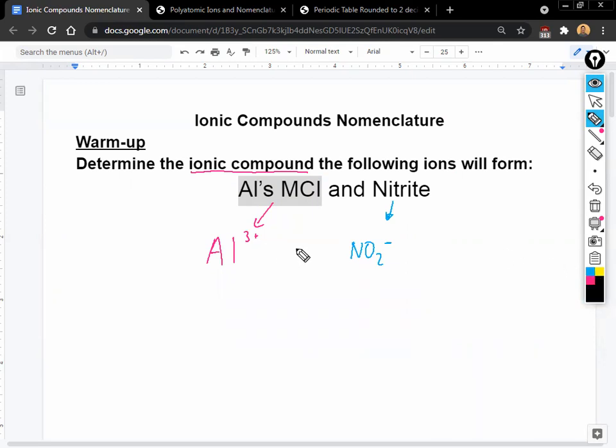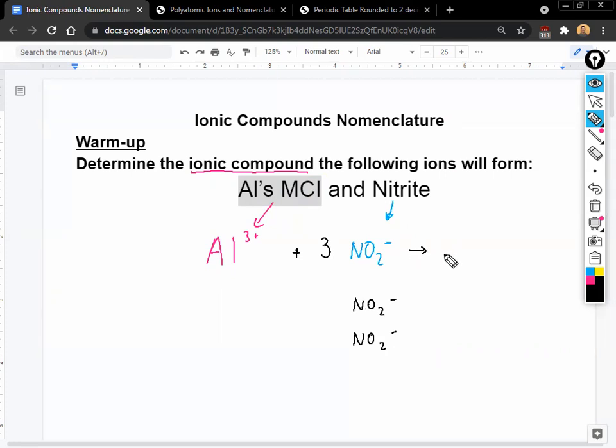If they react with one another, which one will I need more of, aluminum or nitrite? Nitrite, because nitrite is -1. How many nitrites will I need in total to balance out the aluminum? 3, so I get to -3. I put a 3 in front of it to show that I have 3 nitrites.